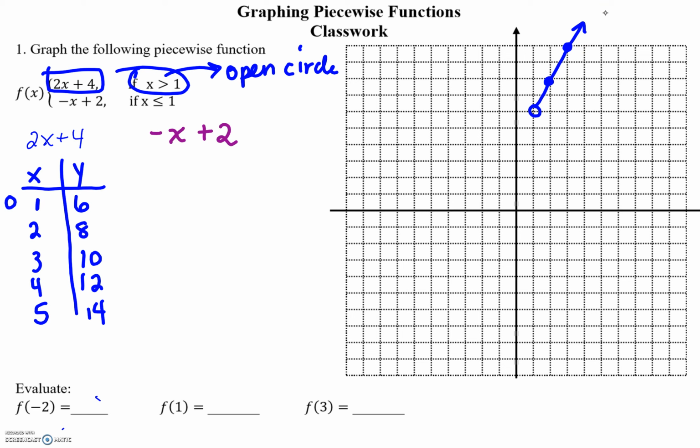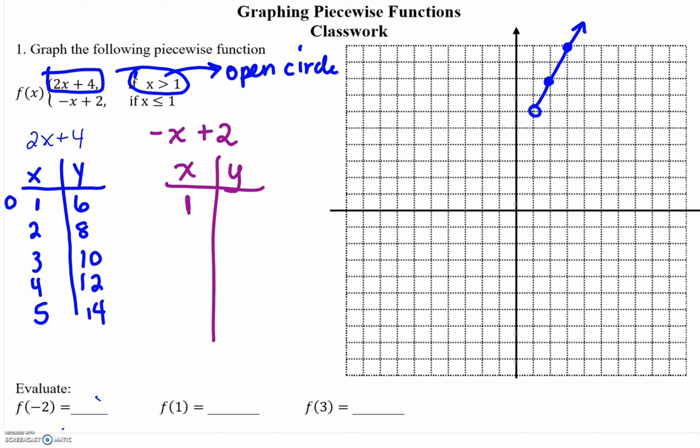Now we're going to do the same thing for the second part, which is negative x plus 2. From here, it's saying we can only graph a piece of this equation when the x values are less than or equal to 1. So that equation only exists when x is less than or equal to 1. So I need to include that 1 in my table.